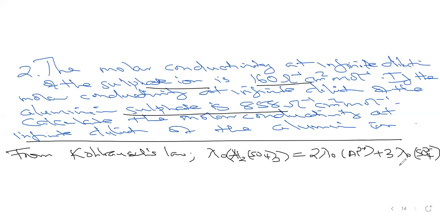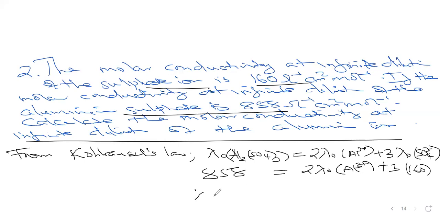Then substitute what you're given. That of aluminum sulfate, we have it as 858. We don't have that of the aluminum ion. We have that of the sulfate ion as 160.